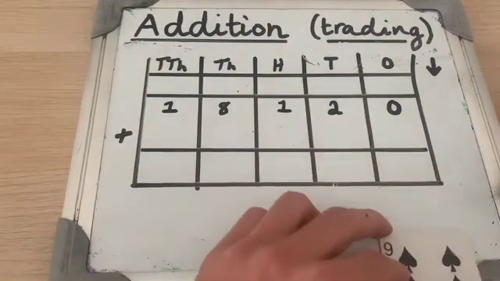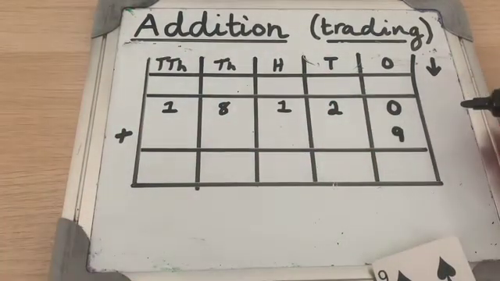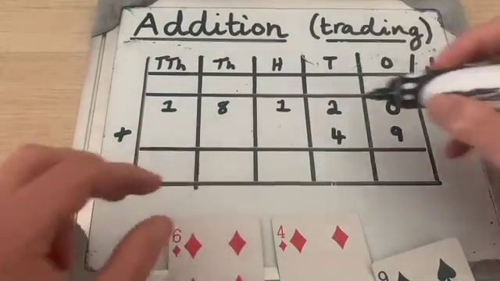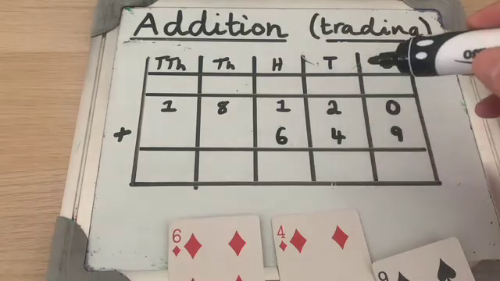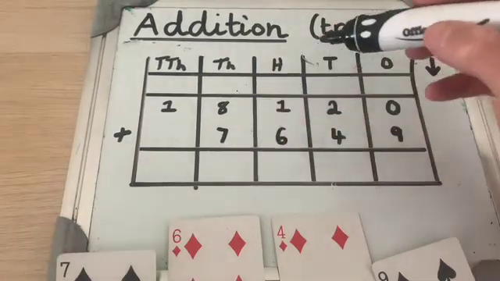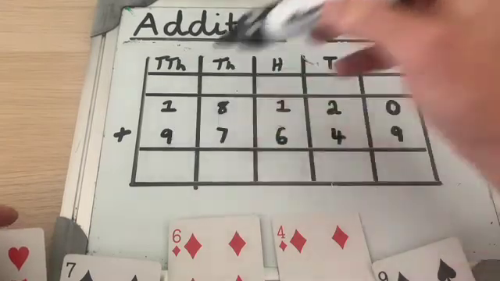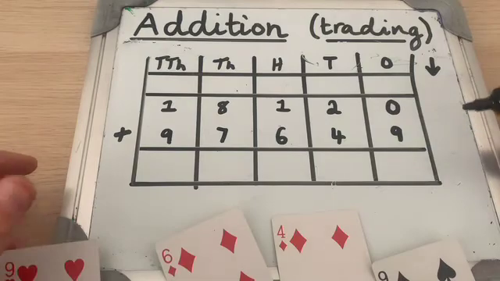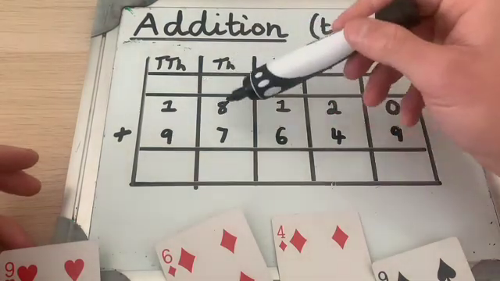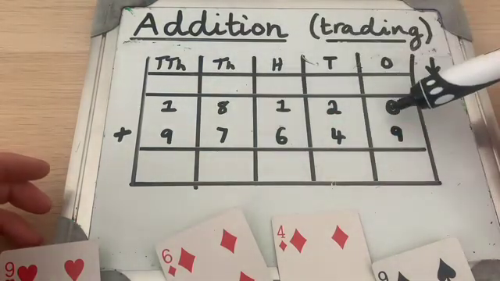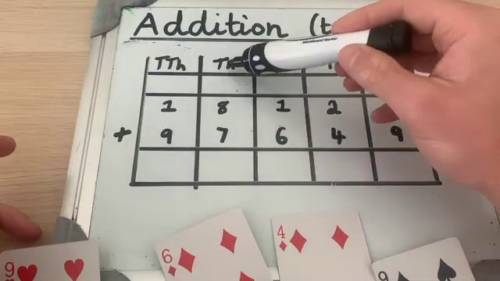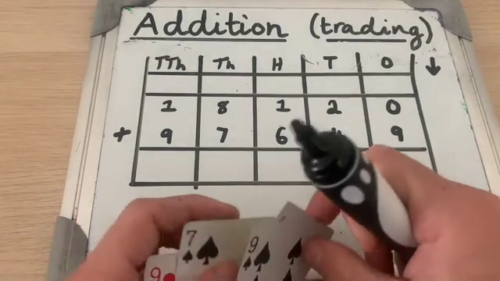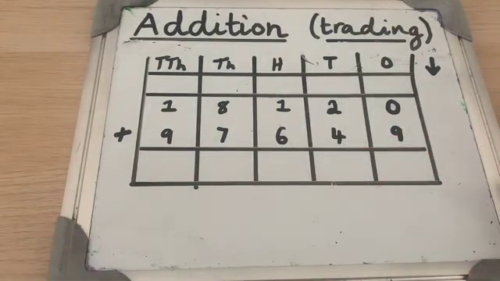So I've got a 9 in the ones column, a 4 in the tens column, a 6 in the hundreds column, a 7 in the thousands column, and a 9 in the tens of thousands column. Now, to read these numbers, you've got 18,120 plus 97,649.